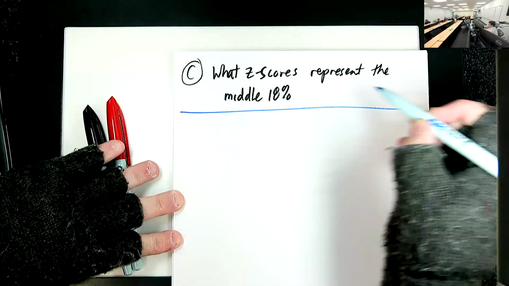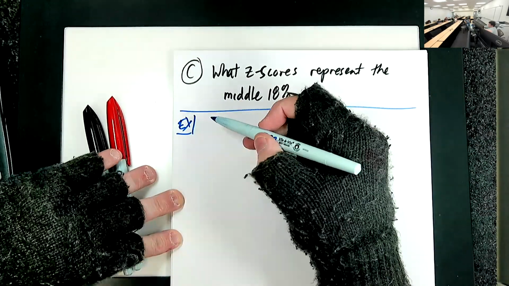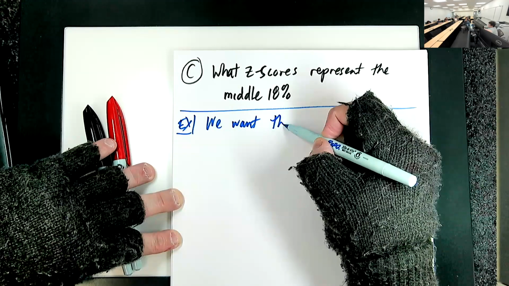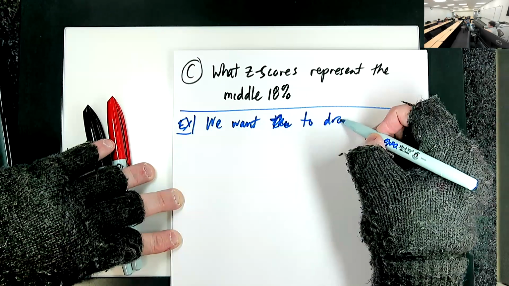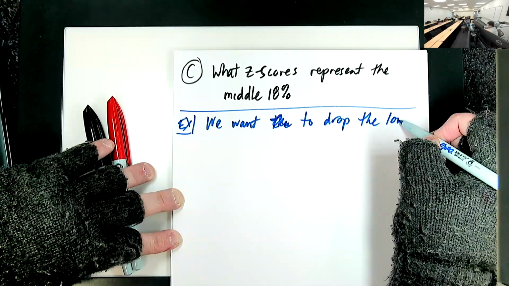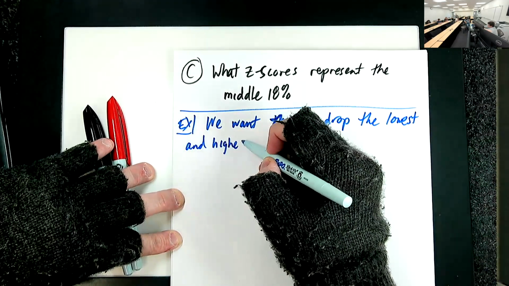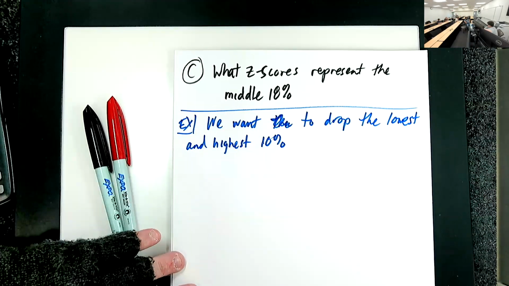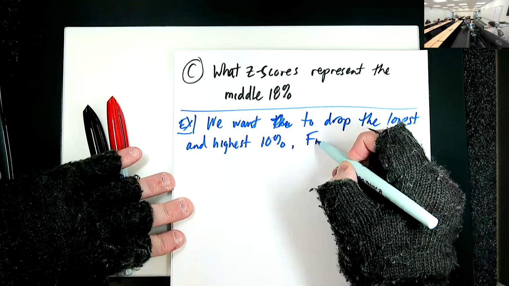You might see an example that says we want to drop the lowest and highest 10%. Find the z-score cutoffs.